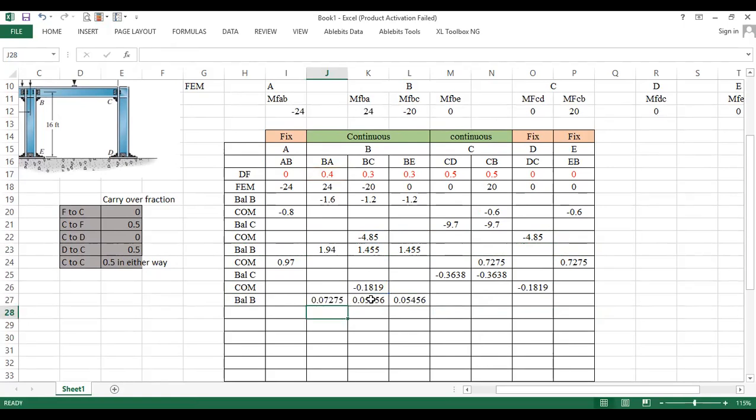You have to add, according to the distribution factors, the negative value of that to balance this joint, because this was initially balanced. That means all of this is balanced again. If you add this part, it is 0. If you add all of these, again it is 0, because each part is respectively 0. So you have to balance only this amount. Then you have to carry over.